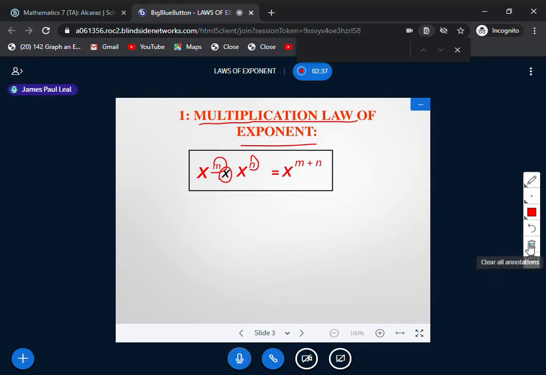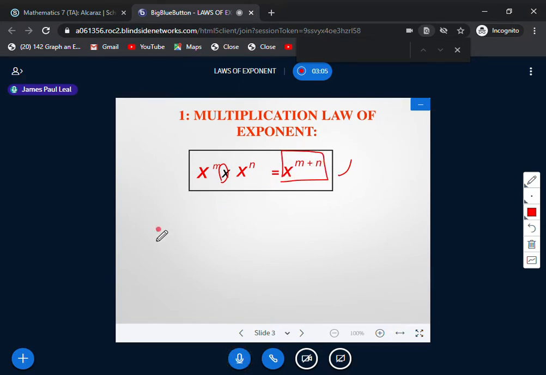All you have to do is add the exponent of the first variable to the exponent of the second variable. So the concept is, if you multiply x raised to m by x raised to n, you just need to add only the exponents. You will come up with x raised to m plus n.